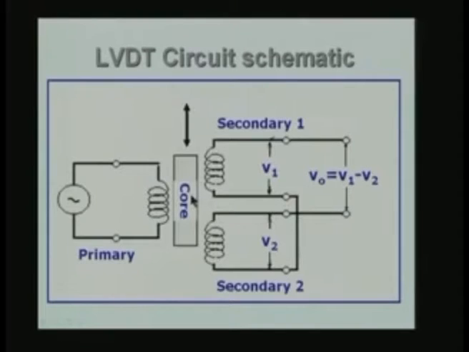If the core moves upwards, the secondary 1 will produce a higher voltage compared to the secondary 2, and therefore, this will be a positive AC signal, and if the core moves downwards, it will be exactly the opposite. So, the phase of the output V0 with respect to the phase of the primary excitation voltage depends on whether V1 is greater than V2 or V2 is greater than V1, as the case may be.